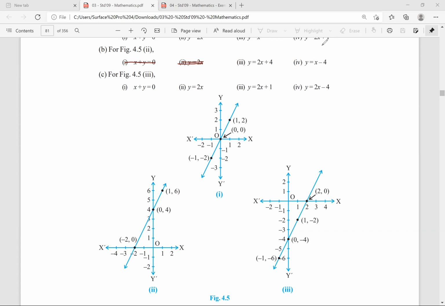So what you might have done. Yes, Hamna, you're trying to say something. Ma'am, I put y as 2 and x as 6. So my answer was -4, I guess.